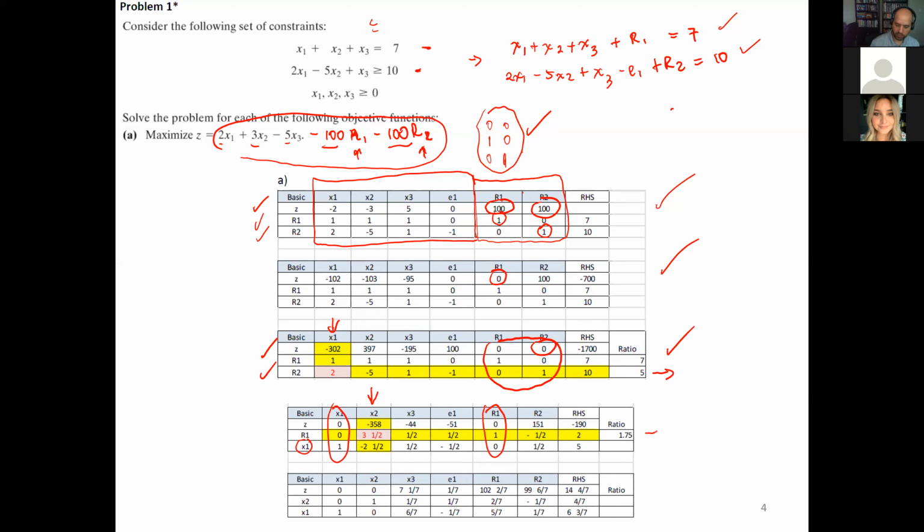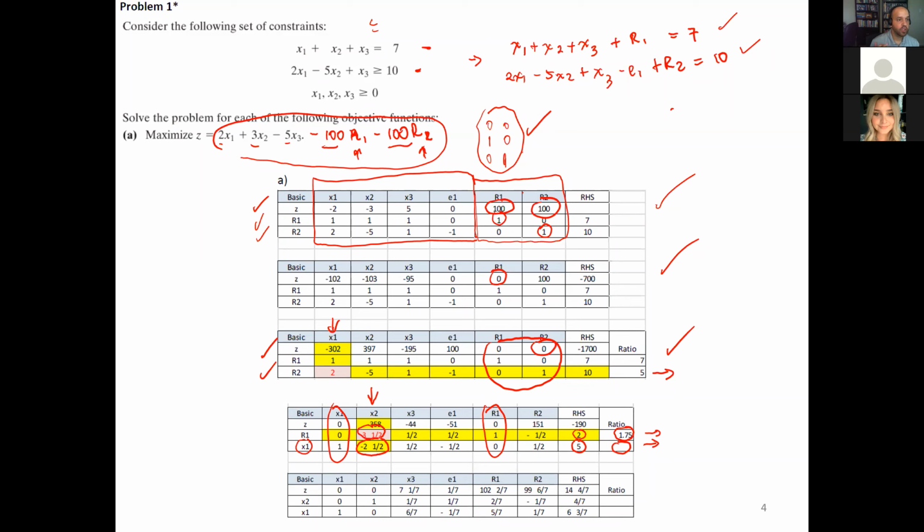You perform the minimum ratio test. And you see that for this one it is 2/3 1/2, so that's 1.75. If you try to perform the minimum ratio test for this second variable, it is 5/-2 1/2, or -2.5.